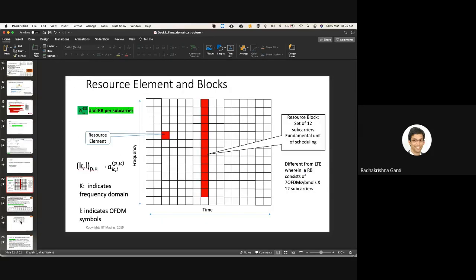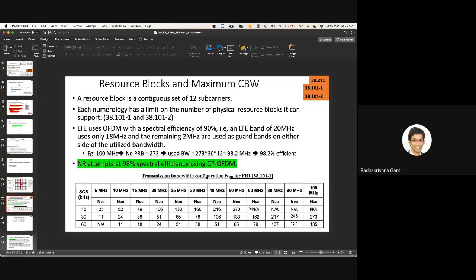The resource element is the most fundamental unit, and 12 resource elements form a resource block. And 38.101-1 gives you the maximum frequencies and the maximum number of PRBs allowed for any given subcarrier spacing and bandwidth configuration.